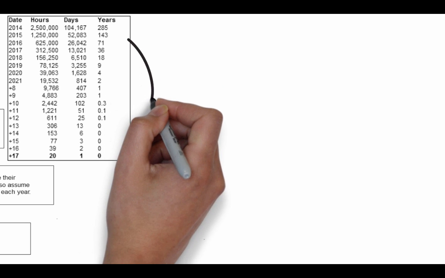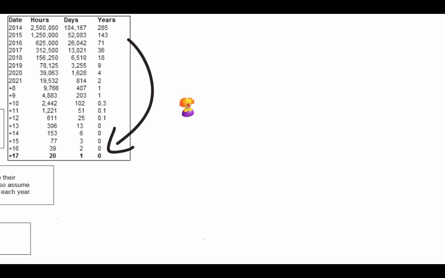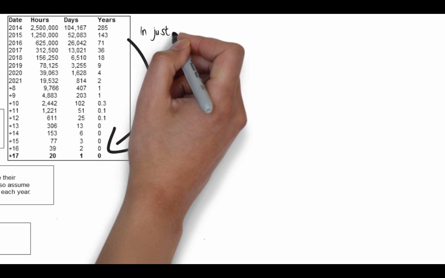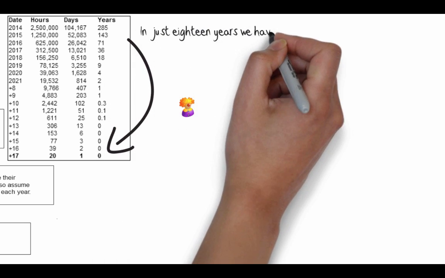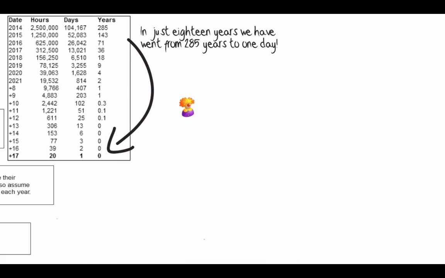But let's continue on, and let's see where we get to after a few years. So we can see after 18 years, then it takes us 1 day. Okay, with just 18 years from now, something that took us 285 years to crack, we can crack in 1 day.